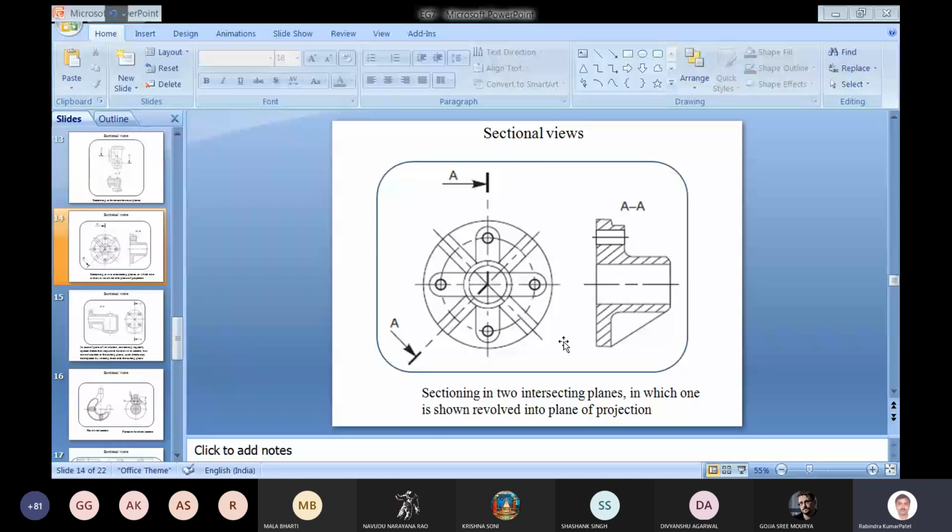Like here, in this direction it will be sectioned, and if the cutting plane is passing from here, it will be sectioned here, and in this case it is not sectioned. So here there are different portions. Here also no sectioning will be done if the cutting plane is passing from here. Here also no sectioning will be done. So only one part has been shown as a thin part, which is not sectioned.